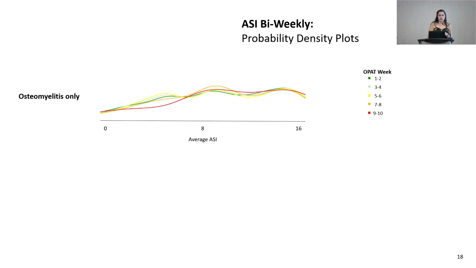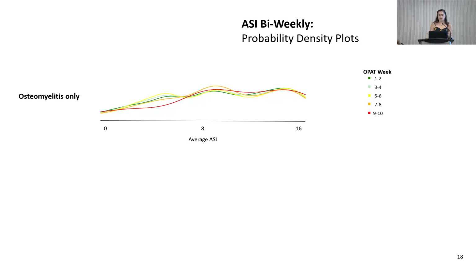Next, we created probability density plots, which represent the likelihood of having an average weekly index value anywhere along this continuous scale. And these were used to visualize the distribution of patients' average weekly spectrum indices within each stratum of interest. And in this example, we are looking at the antibiotic spectrum index, or ASI, for patients diagnosed with osteomyelitis.